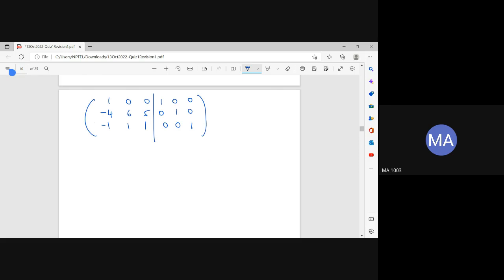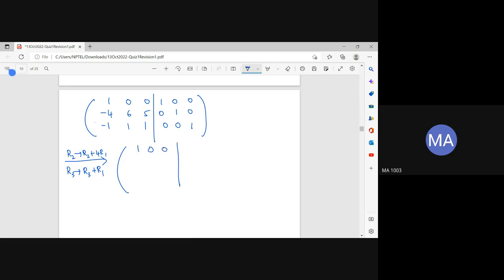Now you will perform elementary row operations on this matrix. R2 is R2 plus 4R1. R3 is R3 plus R2. R1 stays.